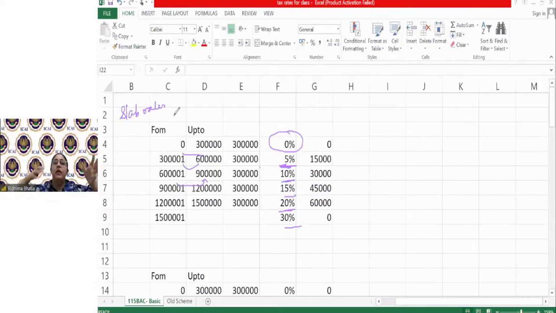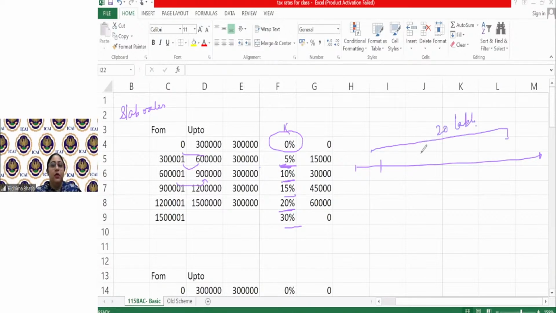So suppose you have an income of 20 lakhs. On the first 3 lakh, there would be no taxes. Then from 3 lakh to 6 lakhs, there would be tax of 5%.